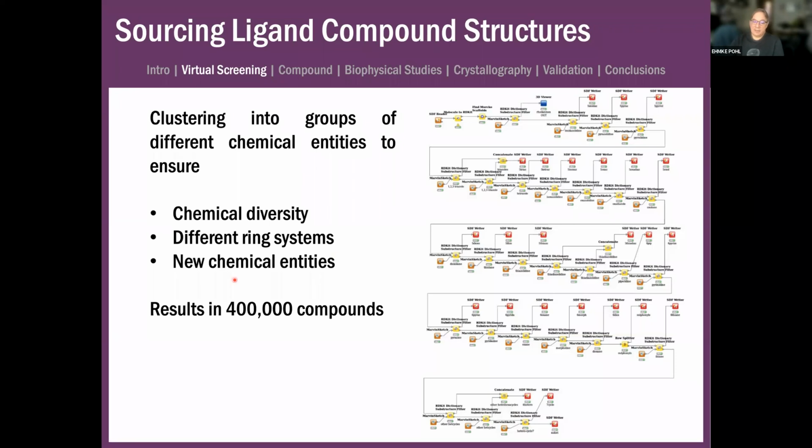And that actually left us with 400,000 compounds. So 400,000 compounds is 2 orders of magnitude fewer compounds than are in the original ZINC database. So this pre-screening, which probably took about 6 months of work, really reduced the number of compounds that are less likely to bind. So this was then put into a supercomputer.